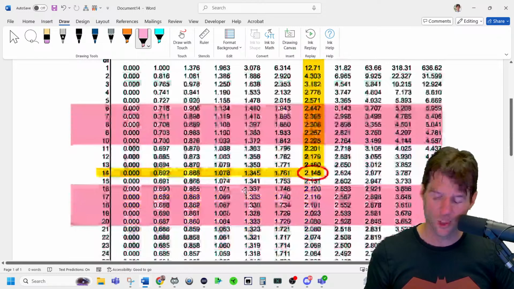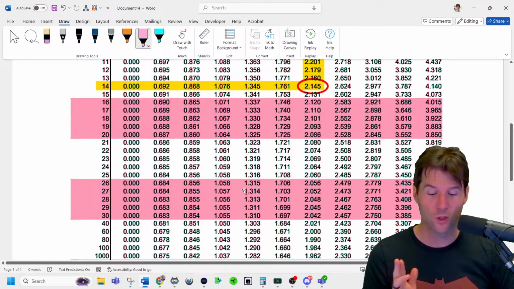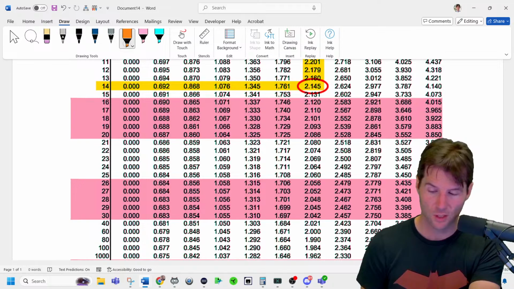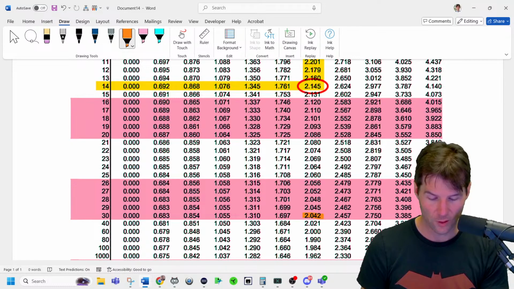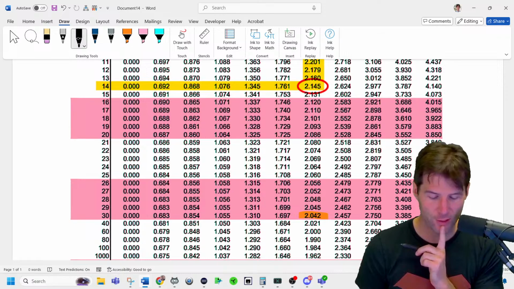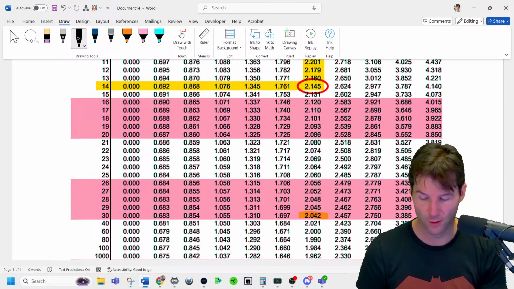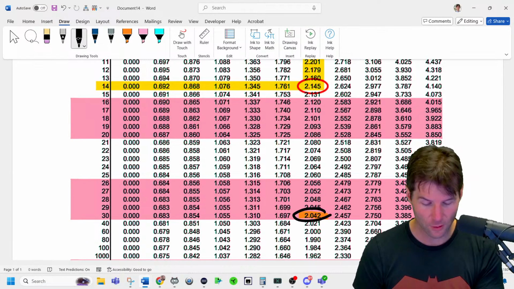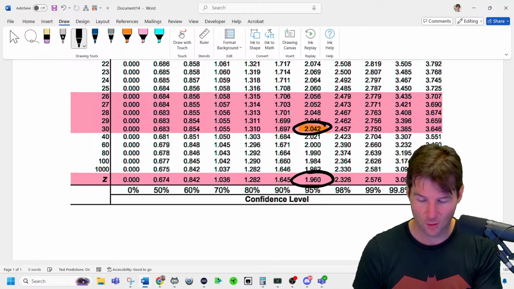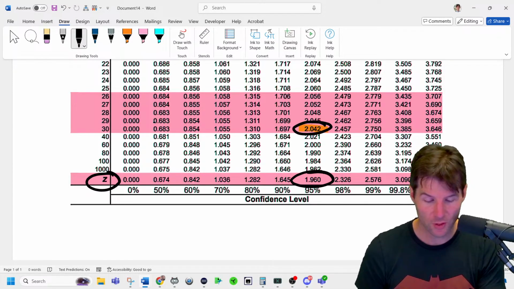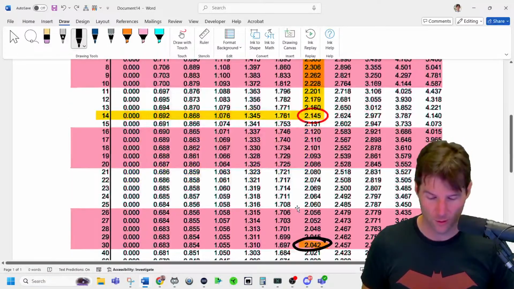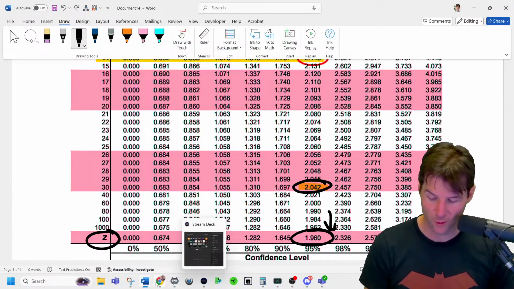Then we'd go down here to 32 degrees of freedom, which you notice is not on here. So on this table, you would go to the closest one, right here. You could guess maybe it's about 2.04 or so, because notice it gets closer to 1.96, which is when you have infinite degrees of freedom. So it's showing you approach the z. So there's 2.042.